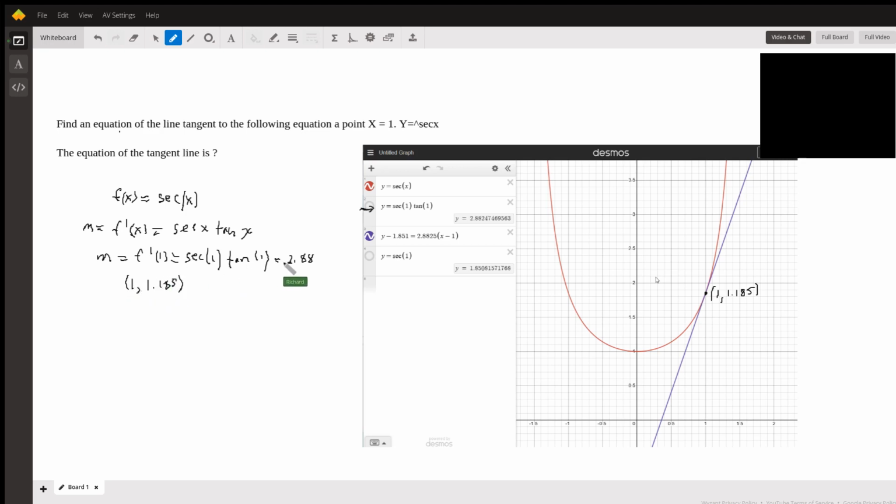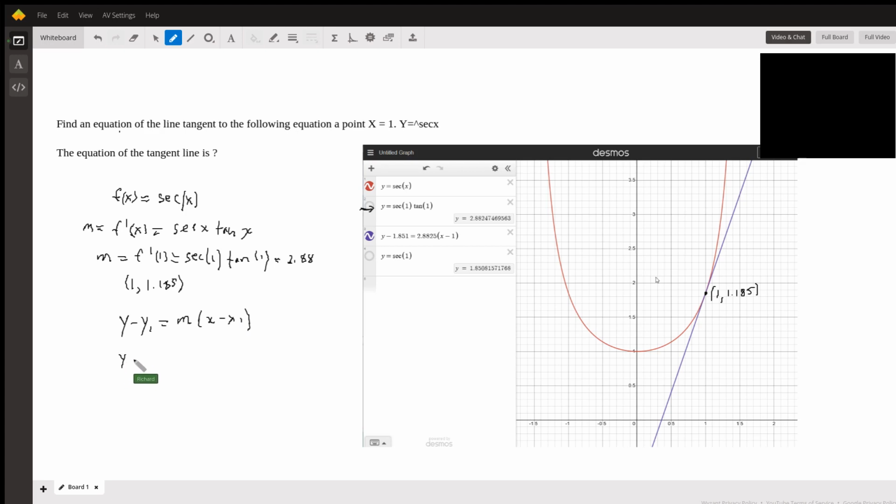And so to get the equation of the tangent line, which is this one here, I'm just going to use point-slope form. y minus y1 equals m times x minus x1.